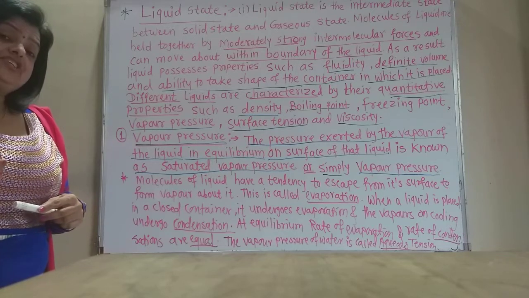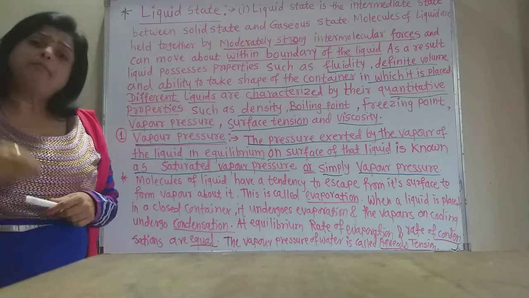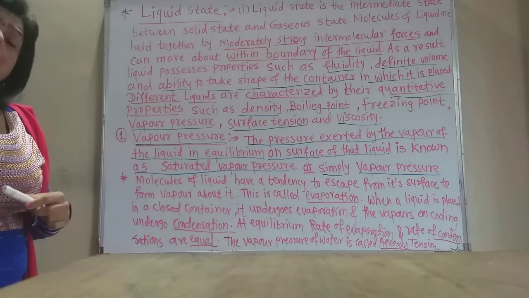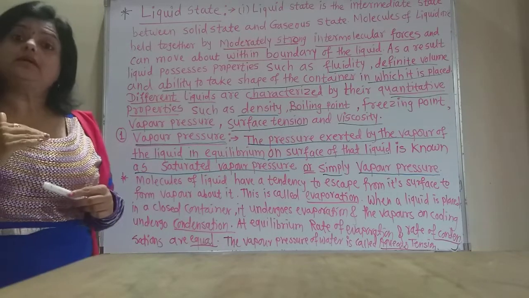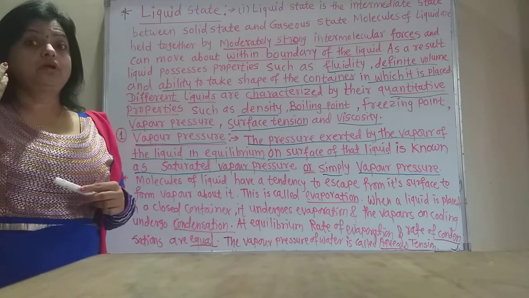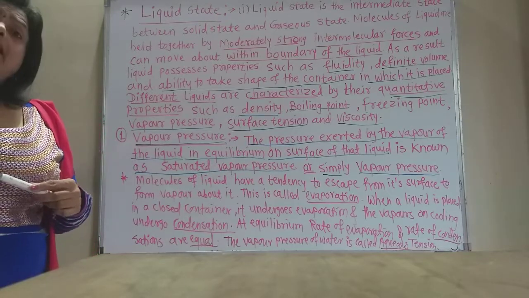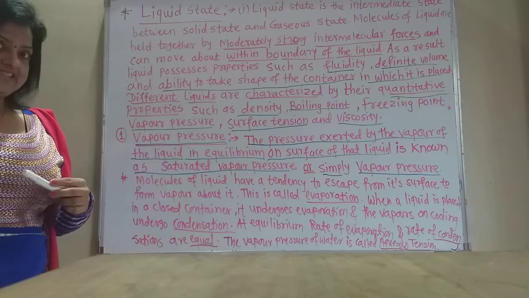So, condensation is the cooling of the vapors of that liquid. Initially, when we place the liquid in a closed container, the rate of evaporation is high. Then, as time passes, the rate of condensation increases.